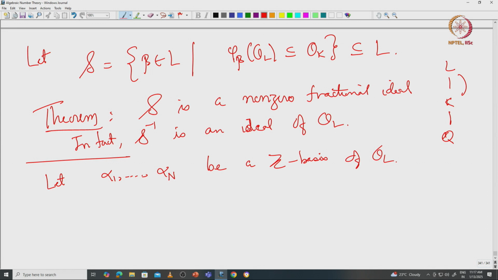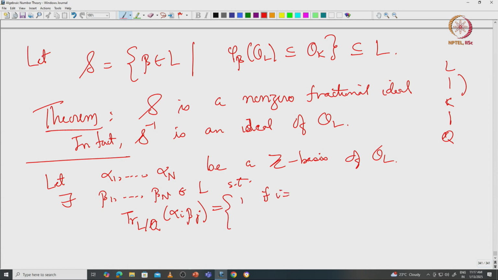There exist beta 1 up to beta n in L such that trace from L to Q of alpha i beta j is equal to 1 if i is equal to j and is 0 if i is not equal to j. This is called the dual basis.